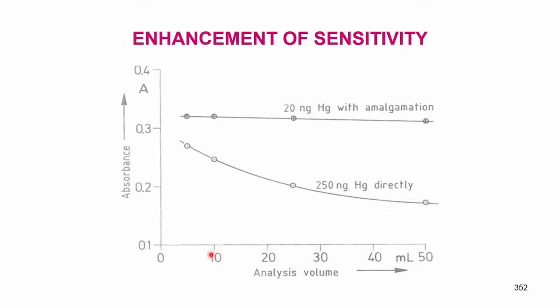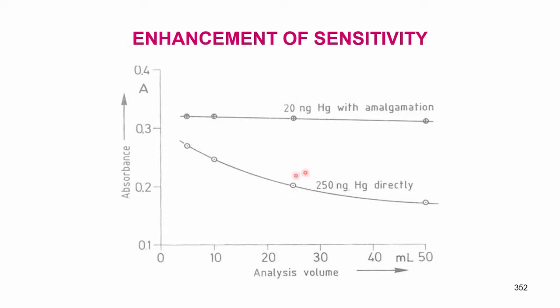This is the analysis volume. This is the effect of volume. If the sample is about 10 ml, I have an absorbance of about 0.25, and if I increase the volume to 25 ml, then it is approximately 0.2.